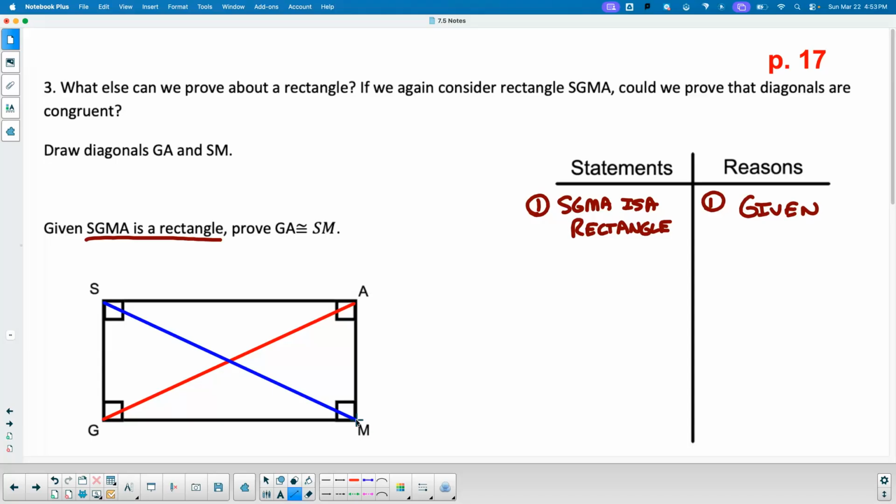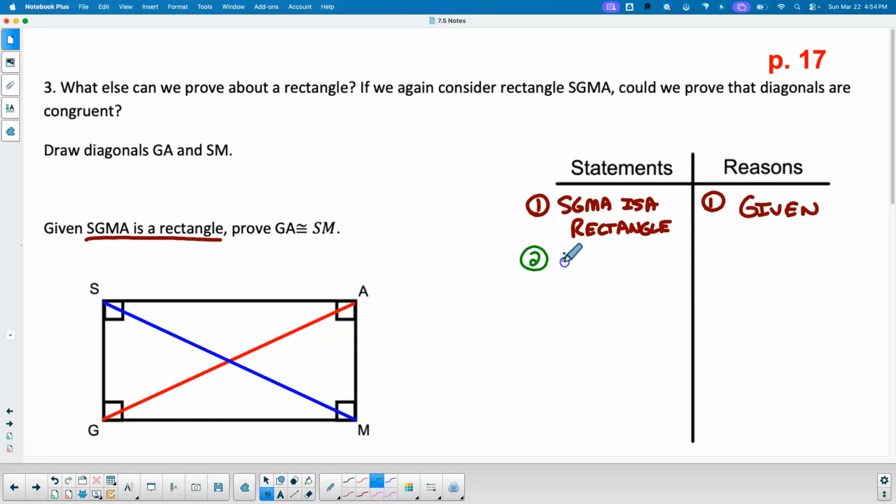Well, we know that we have right triangles. Because we have a rectangle, we have 4 right angles, so we need to say that. So we can say here in step number 2, because we drew in bigger ones, let's go with a 3-letter name there.